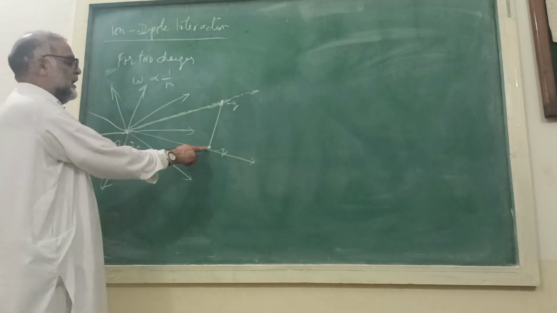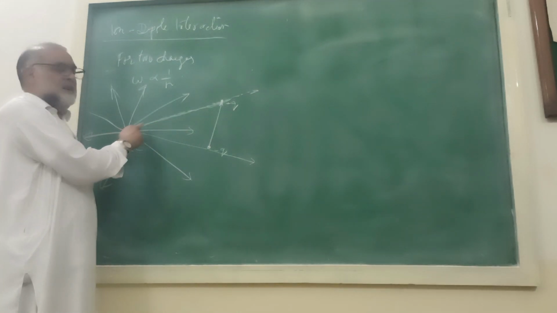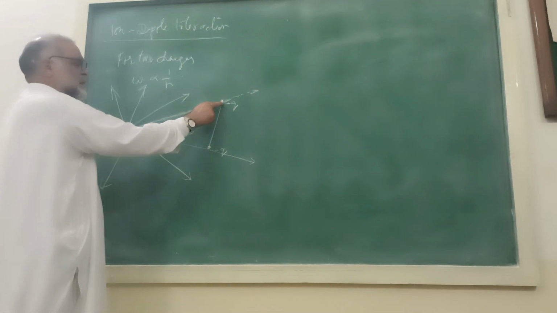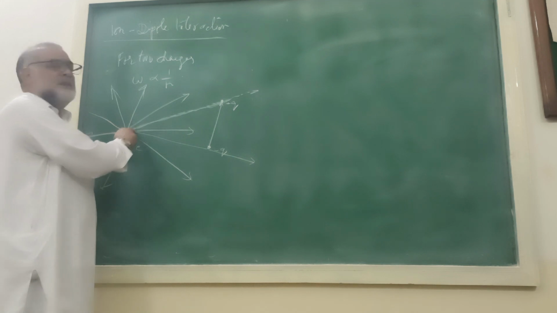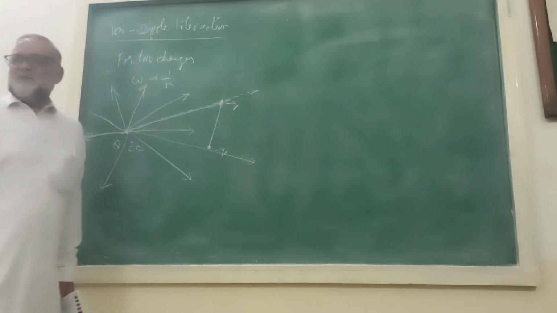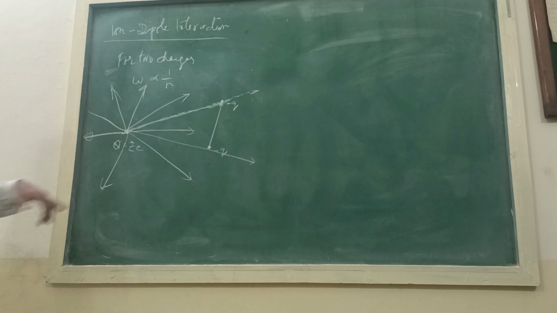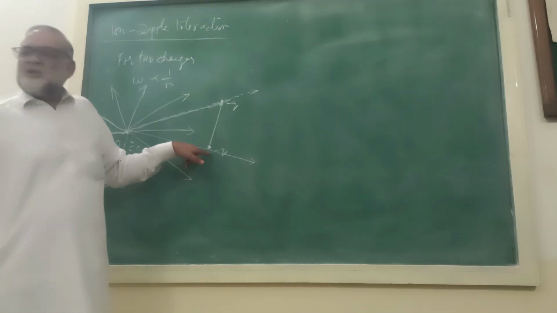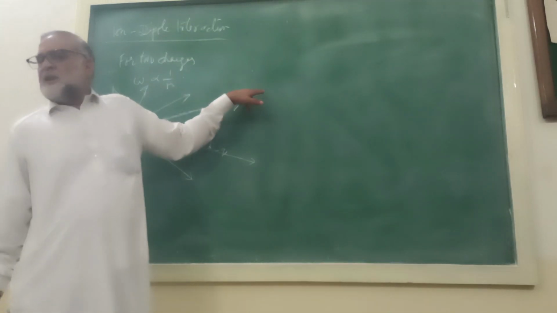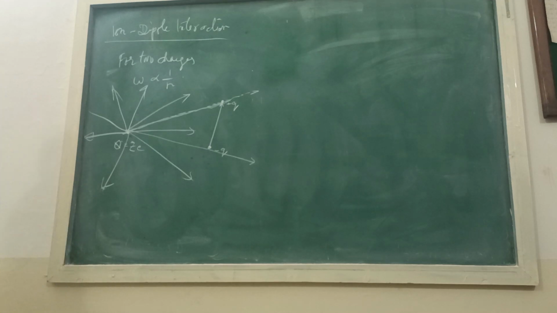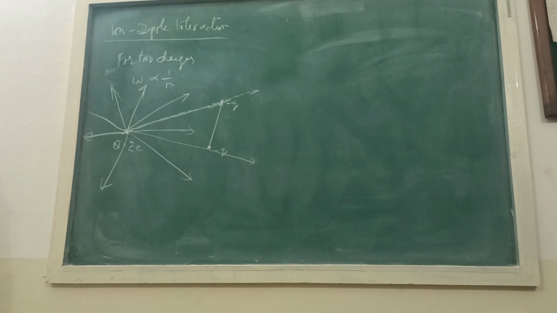There will be a field produced by this charge at this point, and a field produced by this charge at this point. Now we can find the interaction energy between these two charges and between these two charges. Then we sum them, and that sum will be the interaction energy of the system.